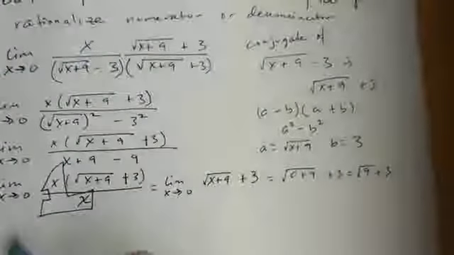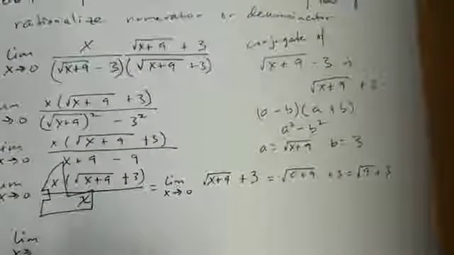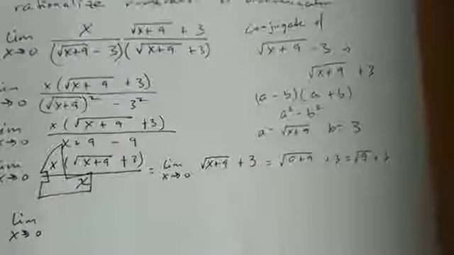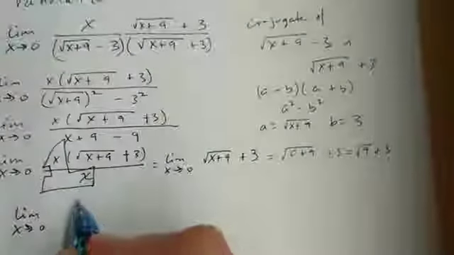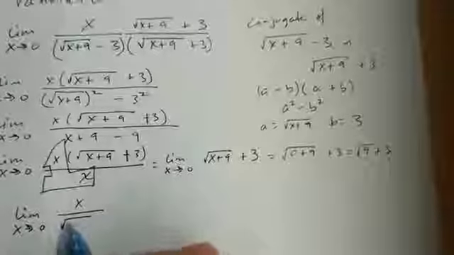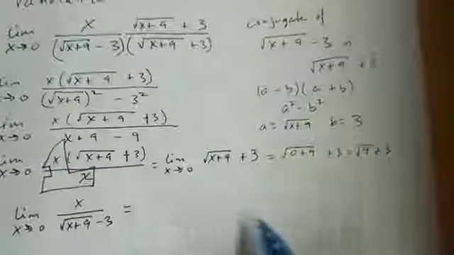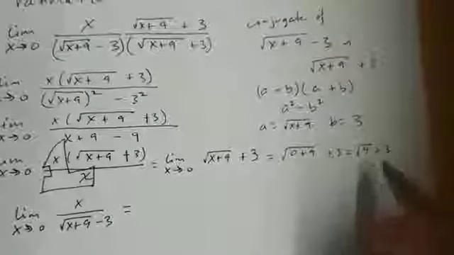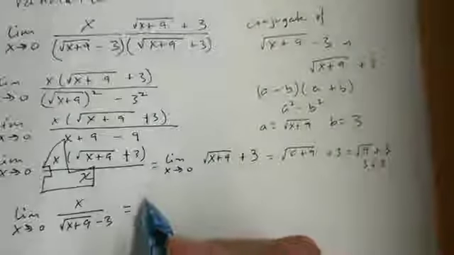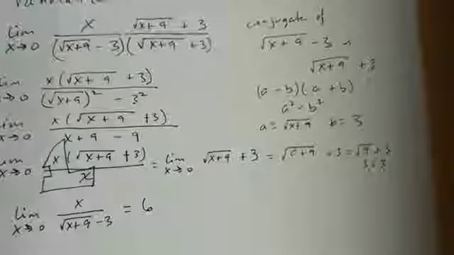So the limit as x approaches 0 of x divided by the square root of x plus 9 minus 3 is equal to the square root of 9, which is 3, plus 3 is 6.